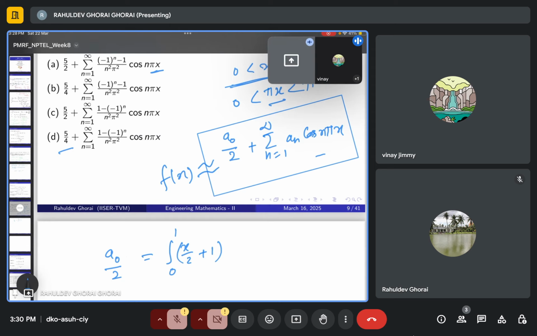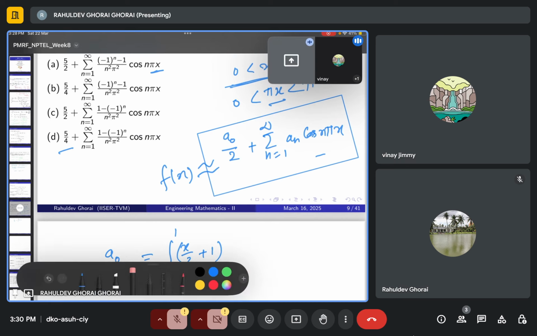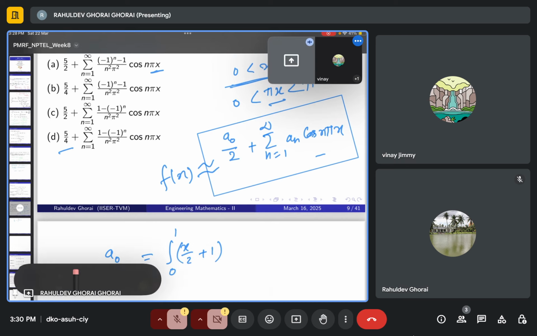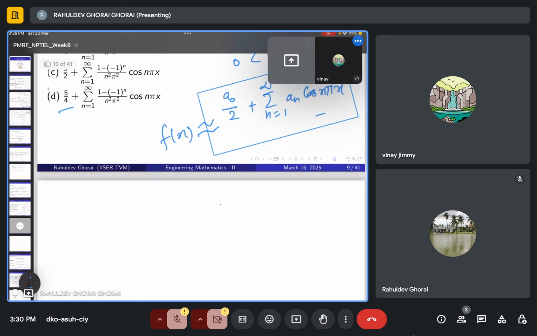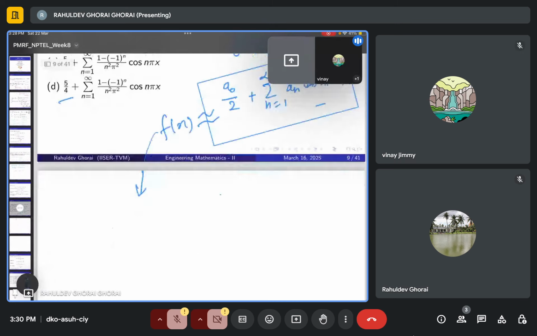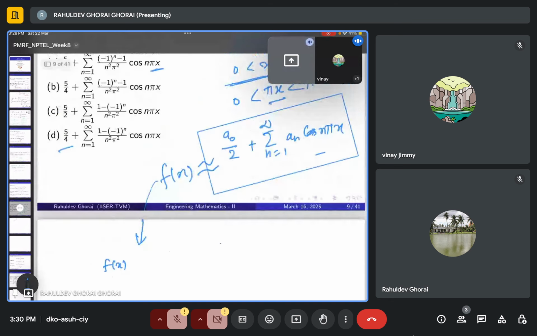Maybe I did it in my time too. That's why I'm telling you how to remember this. You don't need to remember. You have to evaluate a naught from this expansion, so you multiply f(x) by cos n pi x or sin n pi x, right?